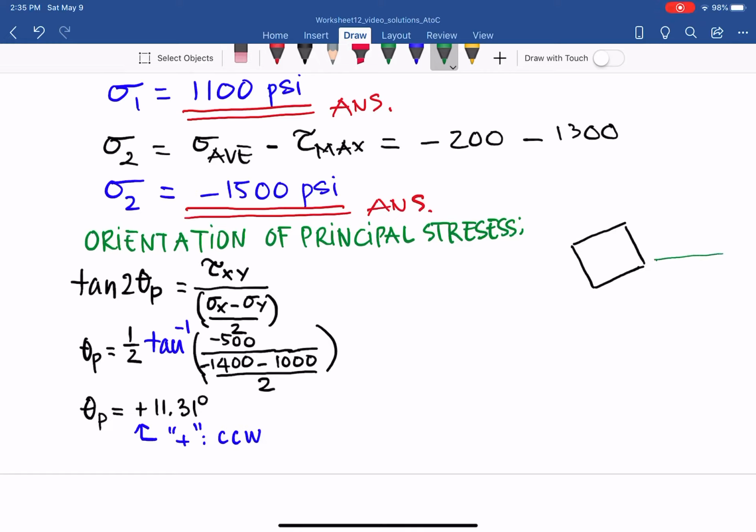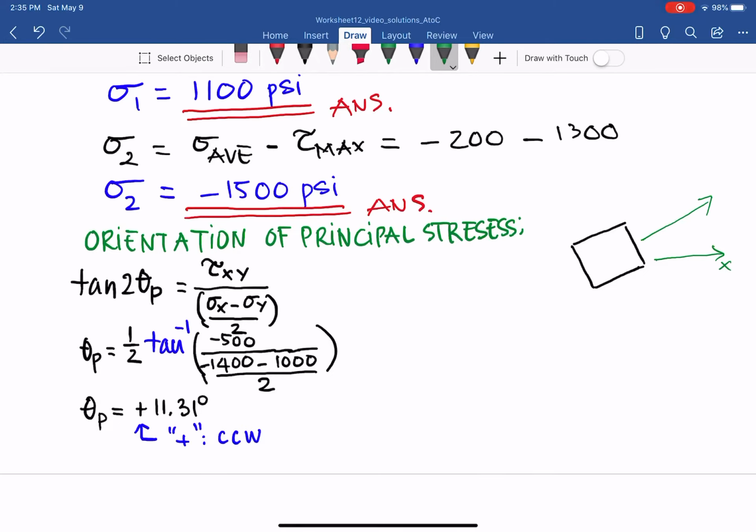We can have the original x-axis here, x. The new axis for sigma is perpendicular to the plane that you have.